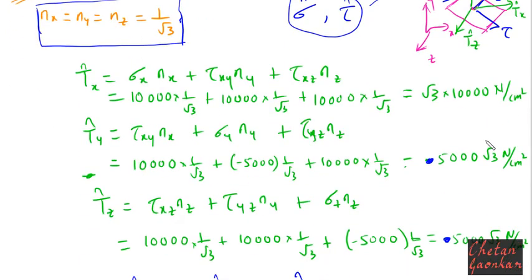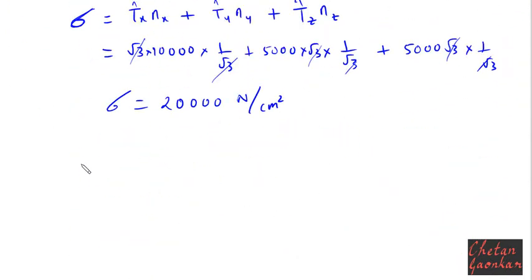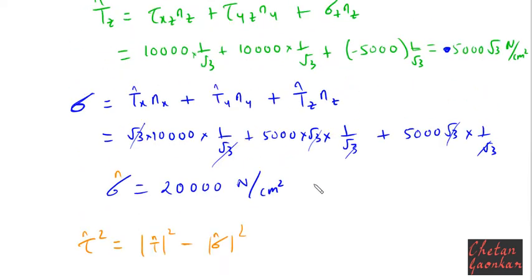But how to calculate now shear stress? We had seen that the shear stress tau square can be calculated as, and in fact I can write here n also, since this is the normal stress on the plane whose outward normal is n. So similarly shear stress can be found out as resultant stress vector square minus normal stress vector square. But what is resultant stress vector?